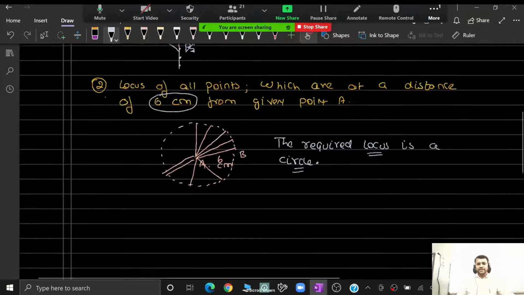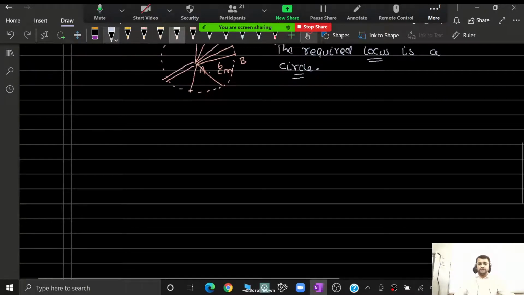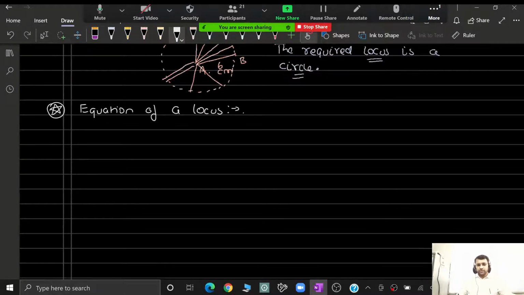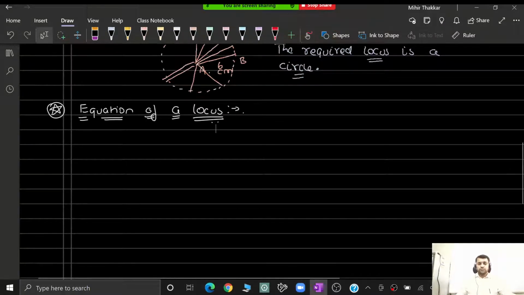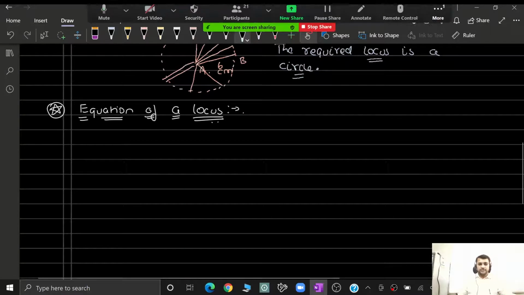Now the next point that we need to know is something called the equation of a locus. So when you talk about the equation of locus, what is that exactly? Let us write it down.